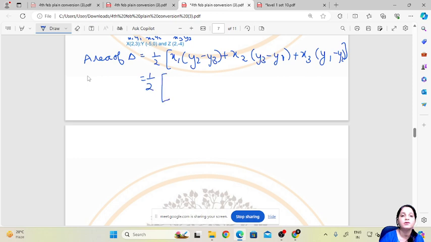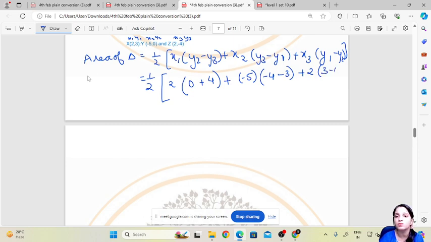Half into x1 is 2, y2 is 0, minus y3 is minus of minus 4 is plus 4, plus x2 is minus 5, y3 is minus 4, minus y1 is 3, plus x3 is 2, y1 is 3, minus y2 is 0.